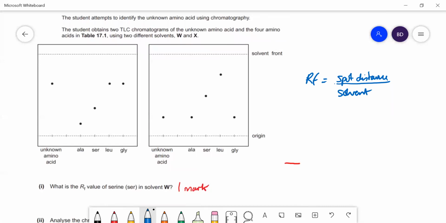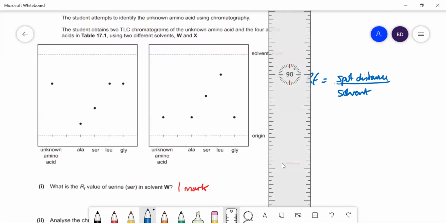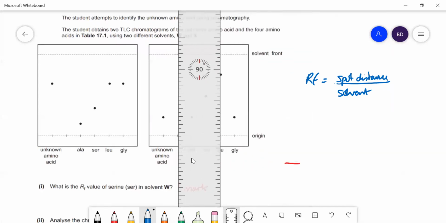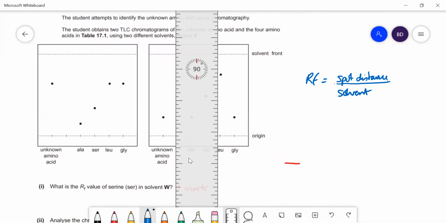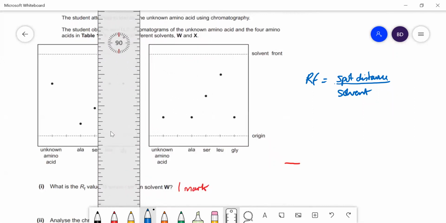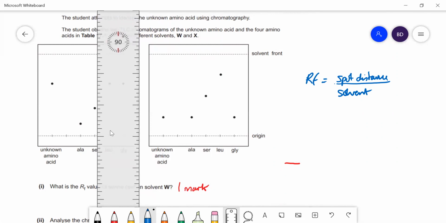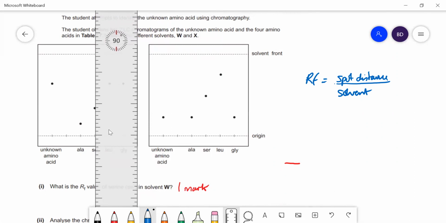So, right, I've got our ruler, I don't think it's going to play. Right, it is. Let's move it over. It's got to be done for serine. How far has the solvent moved then? Let's start off there. That's 1 unit on the ruler. That's 2.25 units the solvent has moved, I think.